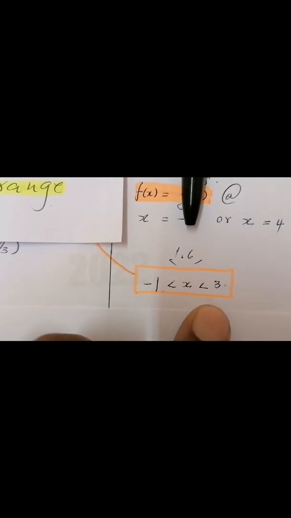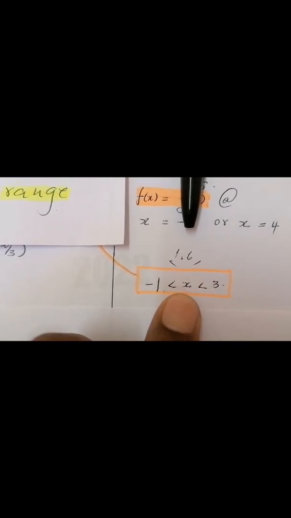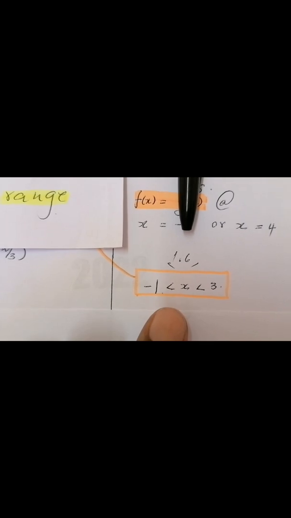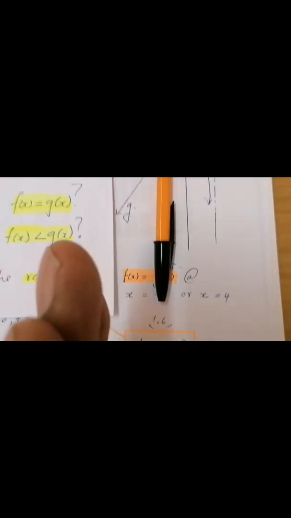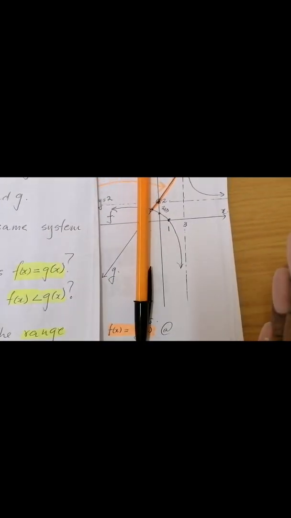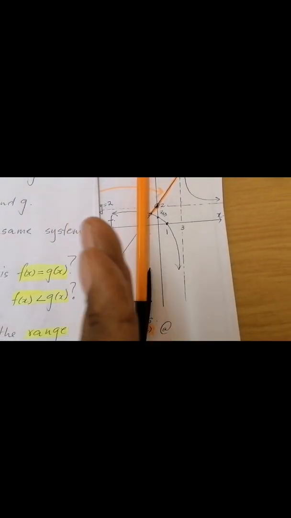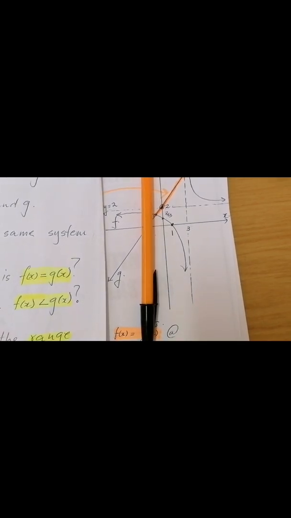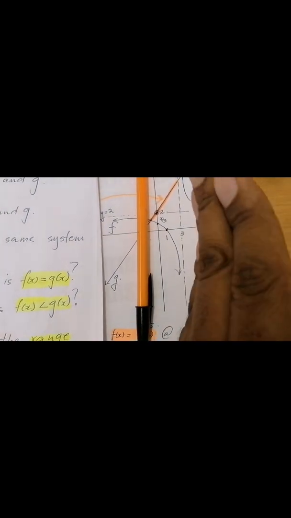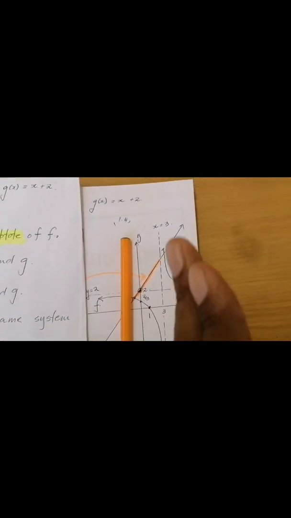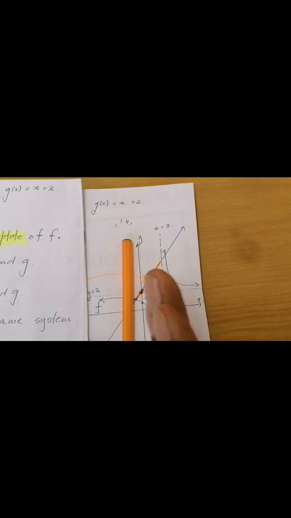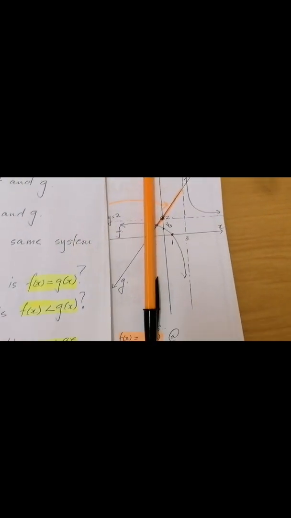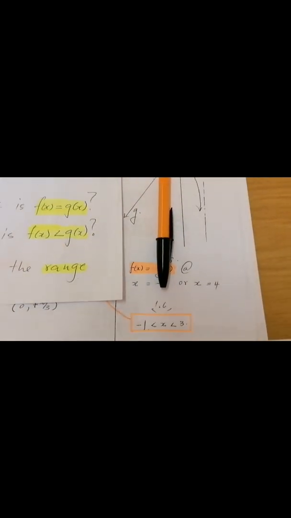Now, I put -1, I put 3 first. I put x between them. Then, using inequality signs, when I'm moving this side of -1, the values of x are increasing, meaning that x must be greater than -1. When I move this side of x equals 3, the values of x are decreasing. That means x must be less than 3.